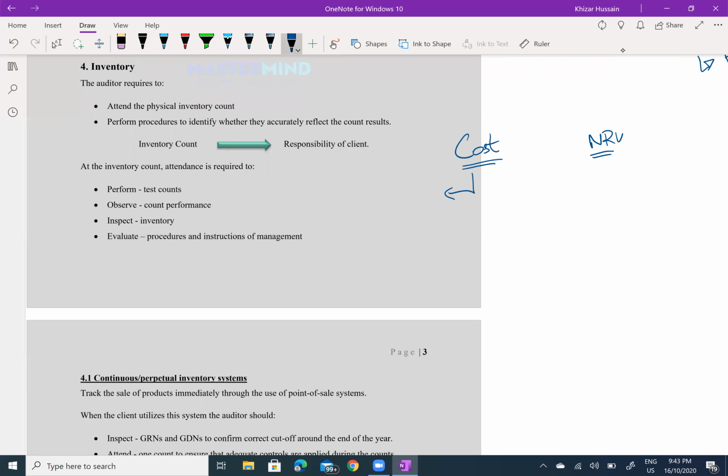Cost is made up of number of units into unit cost, right? And NRV is made up of selling price less cost to sell into number of units, for example, right? Inventory is recorded at lower of.